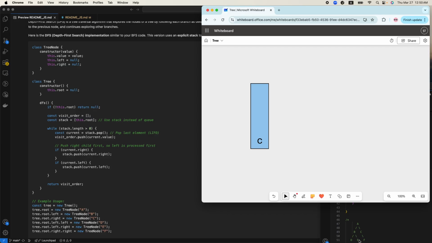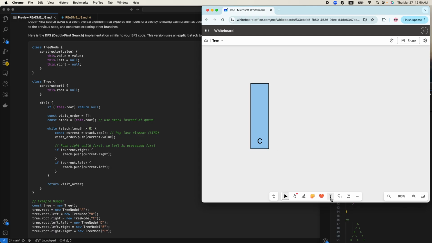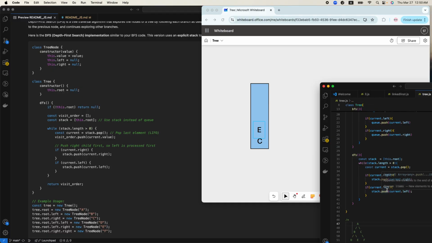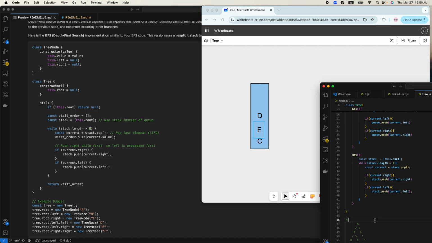Yes, it has a right child, and that is E. So insert that to the stack. Also, does it have a left child? Yes, it has, and that is D. So let's insert that also. Okay, D is also inserted to the stack.